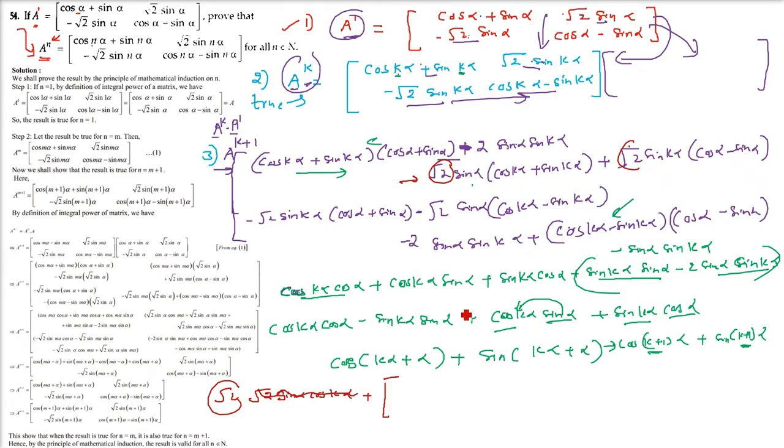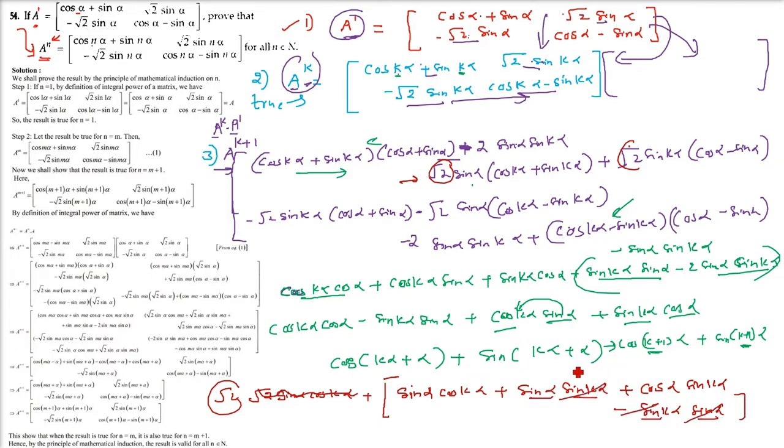Now multiply each and every element. Sin alpha cos k alpha, sin alpha cos k alpha, and sin alpha sin k alpha plus sin k alpha cos alpha, sin k alpha cos alpha, minus sin k alpha and sin alpha. Now you see these two are common, so just cancel them out.